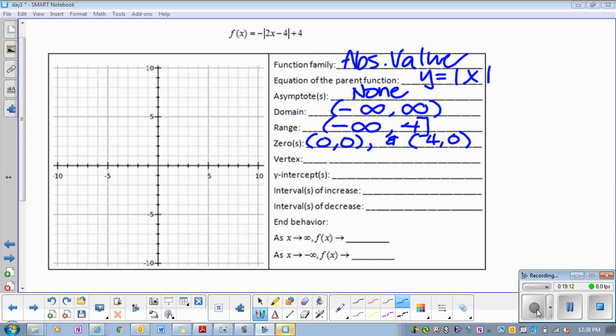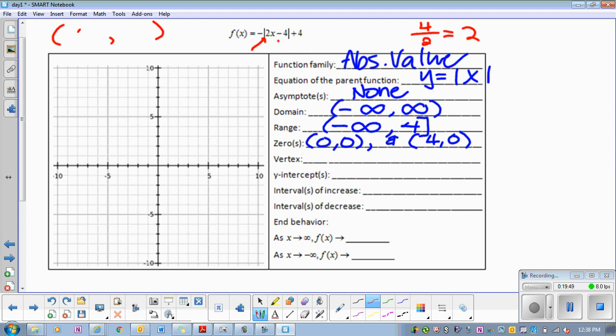Guys, I'm sorry. The vertex here, this 2 in front of the x, changes it a little bit. I'm going to show you how to do it the algebraic way that we've been doing, but I'll also show you how to do it in the calculator. For the vertex, we always said opposite the number inside with the x, right? Opposite h, comma k. Well, the opposite of h there is 4. But you have that 2 in front of the x, so you have to divide by that.